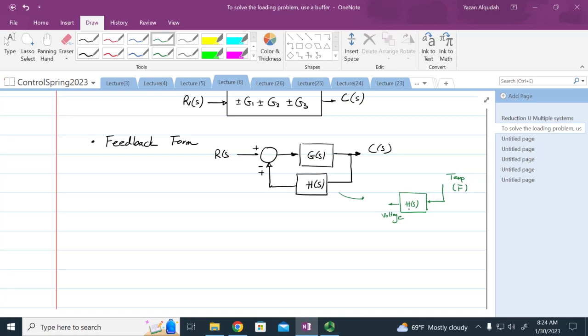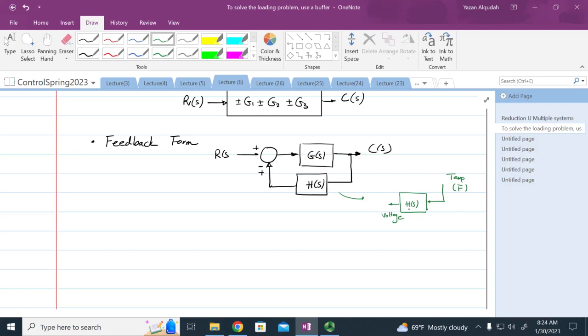Go ahead. Is there a feedback form in every case, or just in this particular case? In most of the cases. Most of the cases, when there's a feedback, it means I'm measuring the output, which means I'm using a sensor. If I'm building a system where I have to measure the output, most likely I cannot control that system itself, but I can control the sensor that I'm going to use to measure the output.